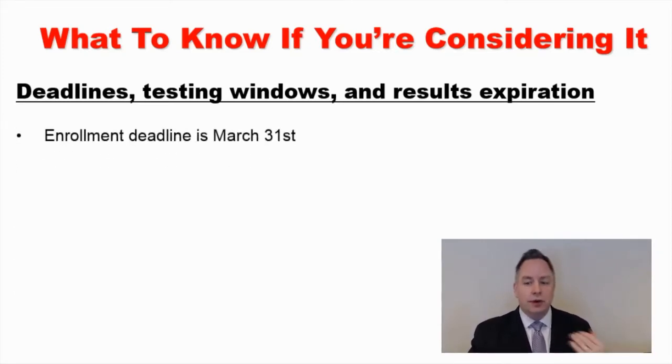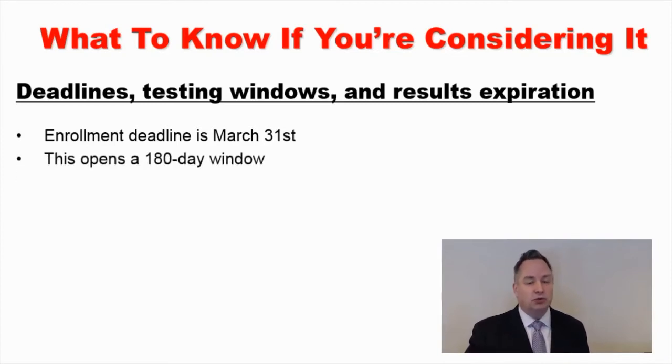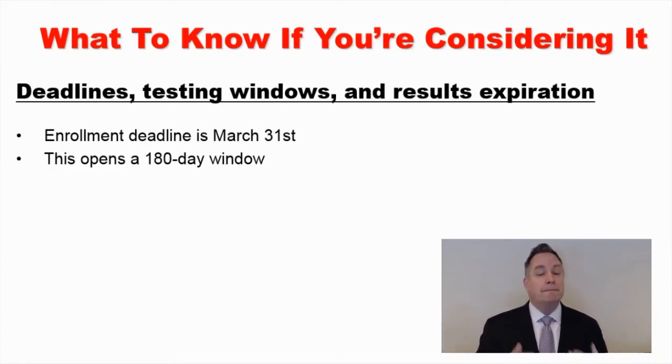What happens when you enroll is that there is a testing window that opens up for you. This window is 180 days or 6 months. So frankly, what that means is if you enroll by the end of this month, March 31st, you have 6 months within which to complete taking and passing this exam.